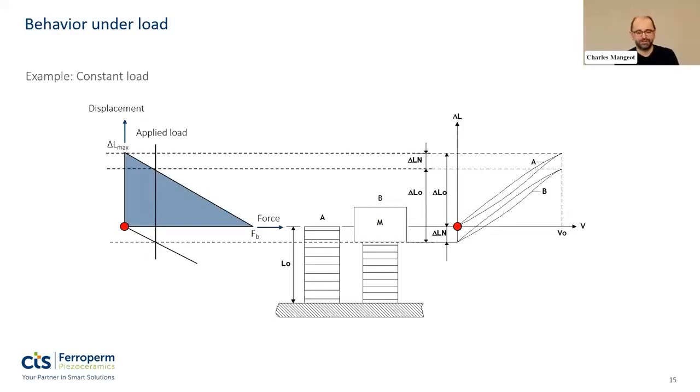So now let's see some more complex cases. If you have a constant load, what's going to happen is that when you apply your load on the actuator, initially the actuator is at 0 volt. You apply the load, and you will compress the actuator. This is what happens here. So the actuator moves back.